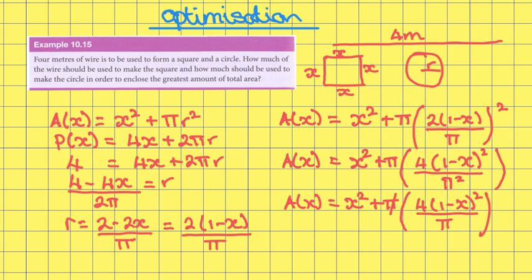I'm now going to multiply out my bracket, so I get A of x equals x squared plus 4 lots of 1 minus 2x plus x squared all over pi.